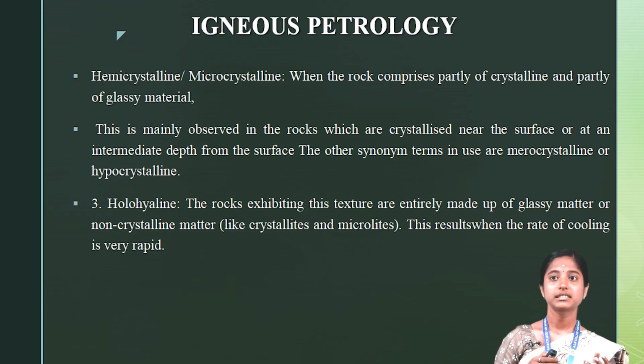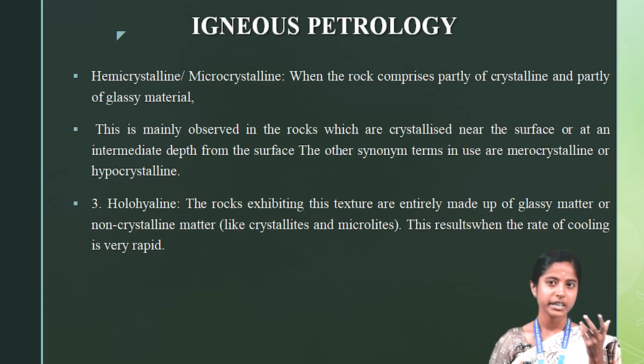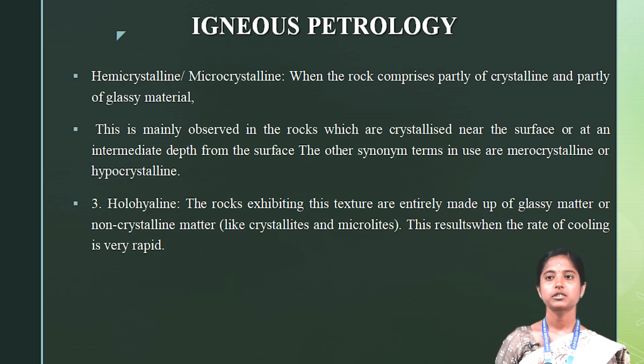Next, this results when the rate of cooling is very rapid, and the texture is mostly seen in volcanic rocks. We discussed the volcanic rocks in previous content, because in volcanic rocks the cooling is very rapid. The lava comes onto the earth surface and the cooling is very fast.